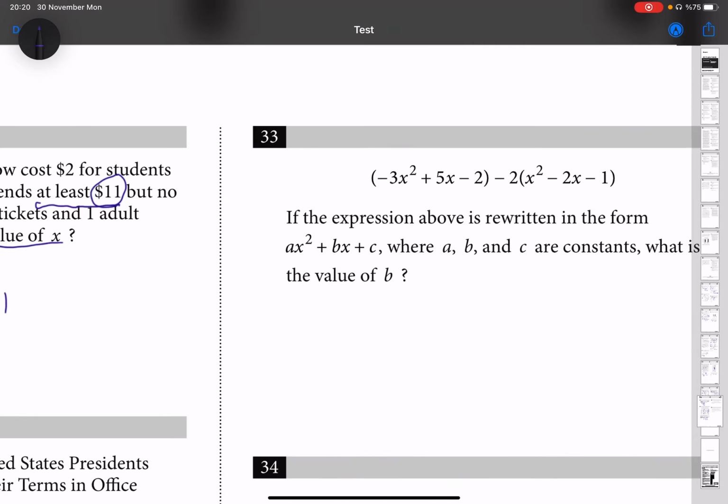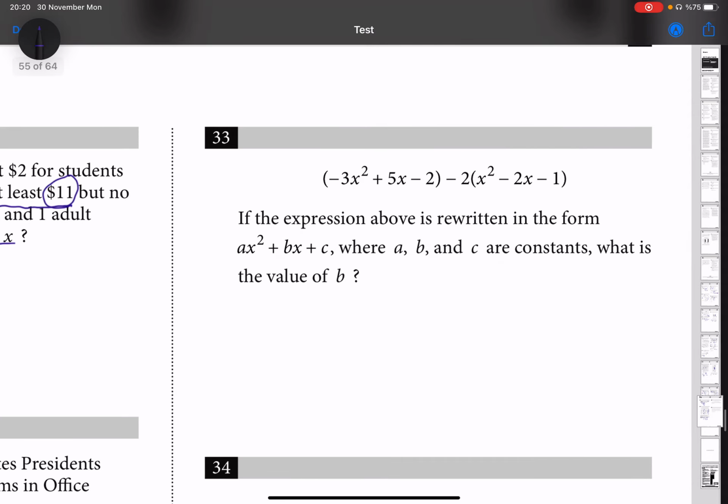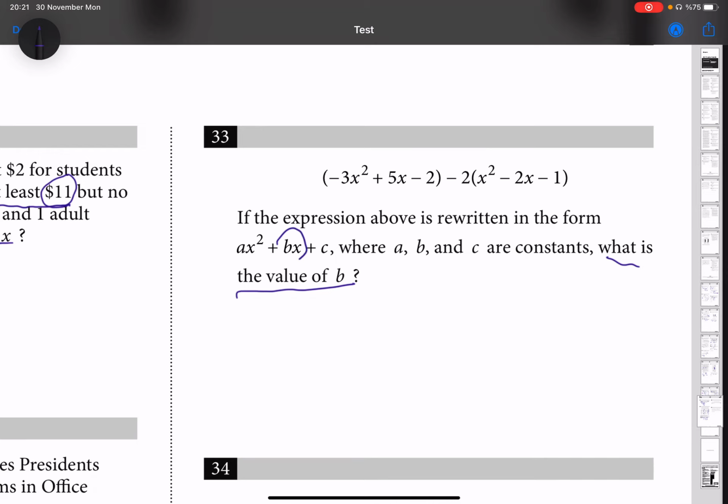Okay, next question. If the expression above is rewritten in the form ax squared plus bx plus c, where a, b, and c are constants, what is the value of b? So b is the coefficient of the first power of x. As you know, when we are adding polynomials, the same powers should be added together.